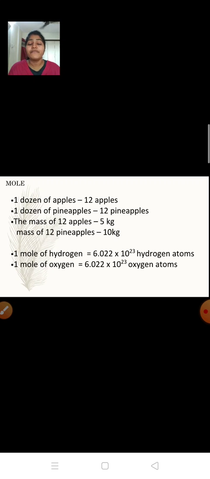If I say I have 1 mole of nitrogen, so it will contain how many atoms? It will contain 6.022 into 10 raised to 23 nitrogen atoms, right? So you can see when I say 1 mole, the number is fixed, 6.022 into 10 raised to 23.